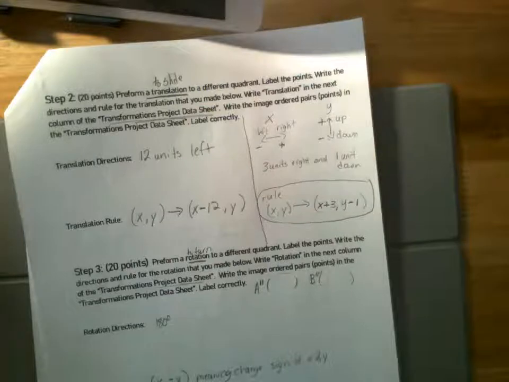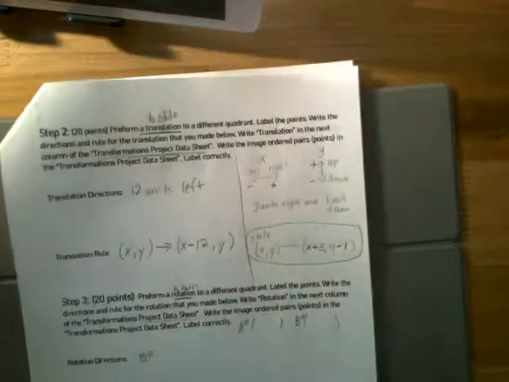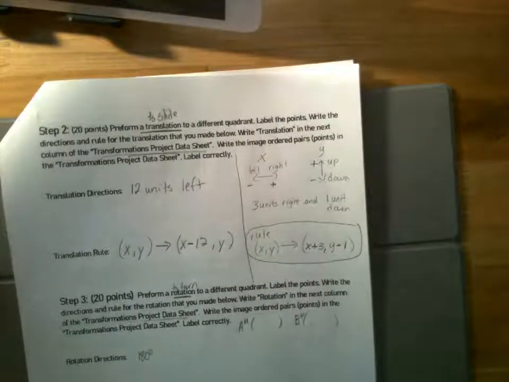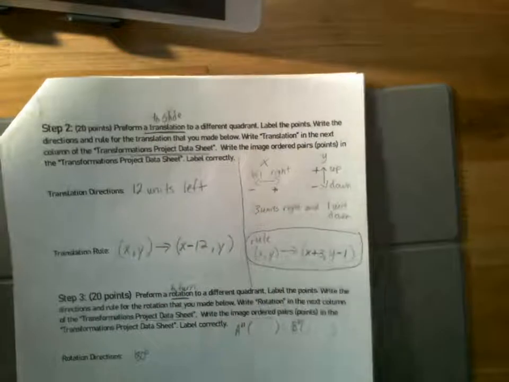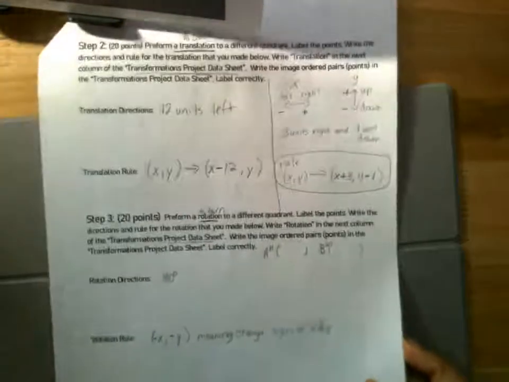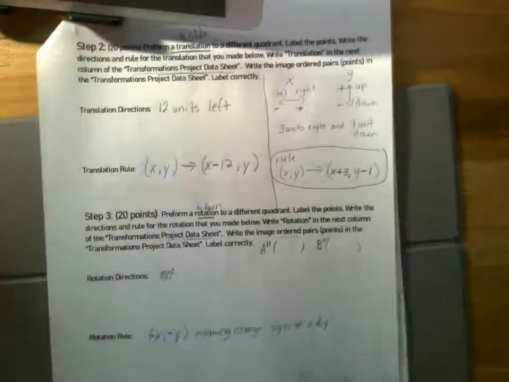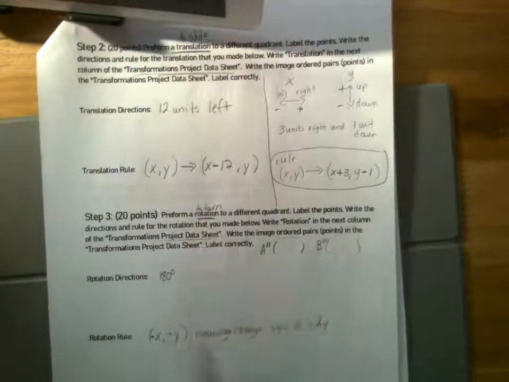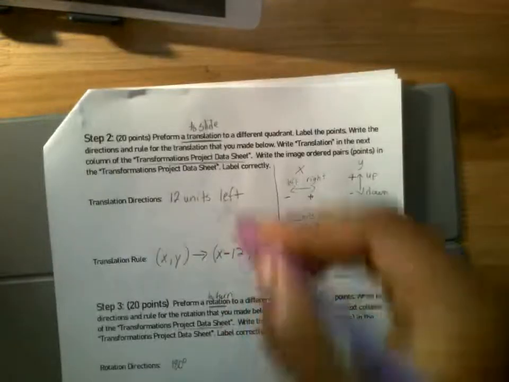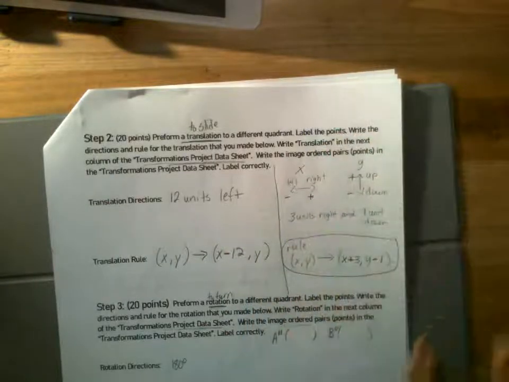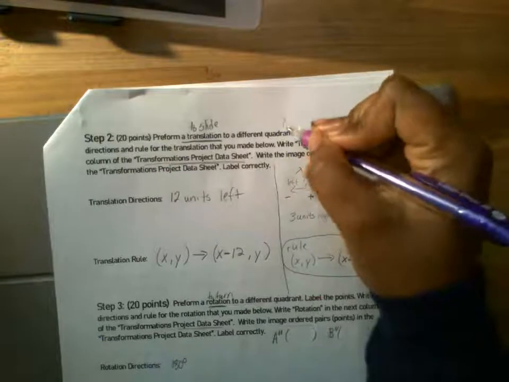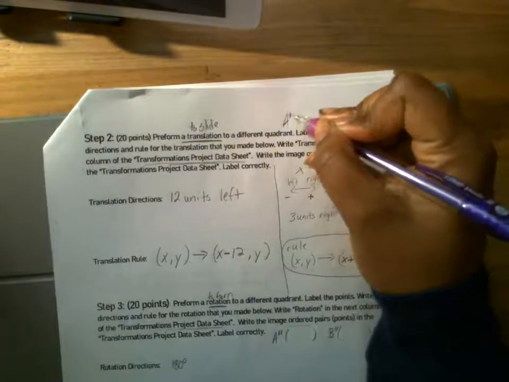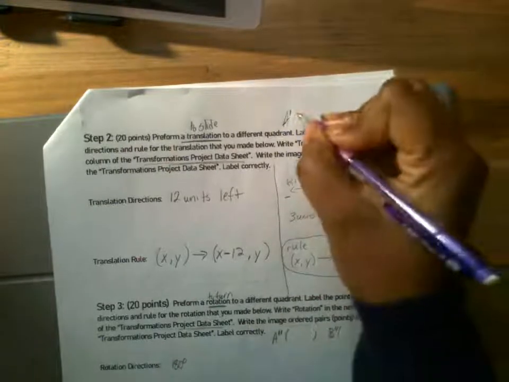Okay. If you need to take a picture, it will be in the video. Let's look at step 3. I'm going to go through that again with you. With step 3, you're going to perform a rotation. Remember up here when I did this translation, which I forgot to mention a minute ago, all of my points are going to have 1 tick mark because it moved 1 time.